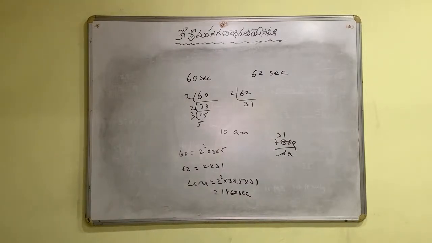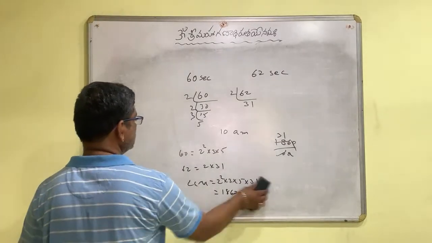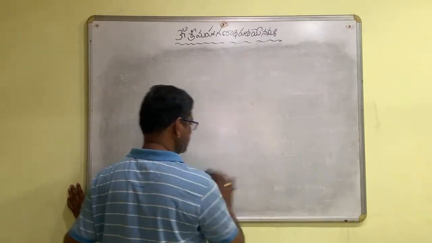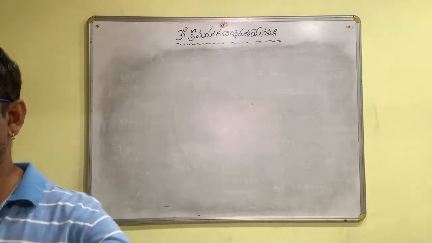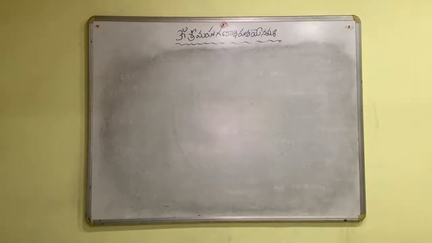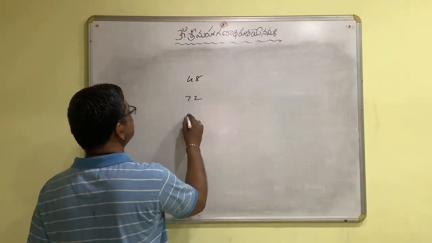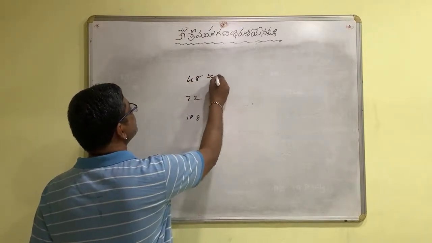In the same way, traffic lights at 3 different road crossings change every 48 seconds, 72 seconds, 108 seconds.